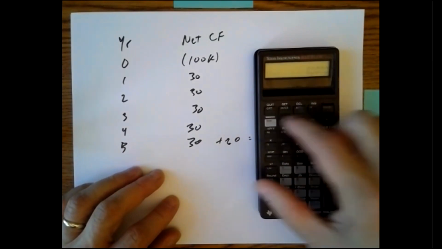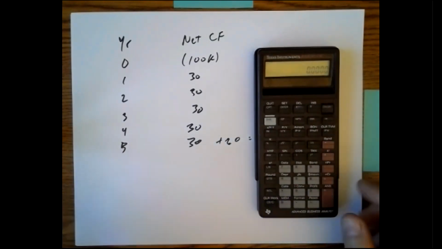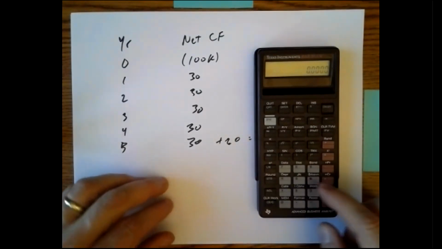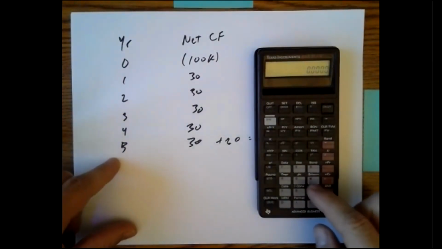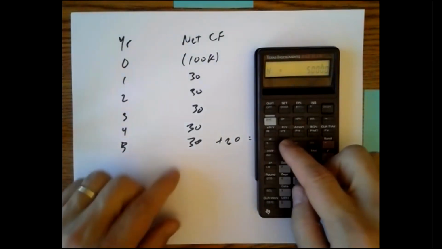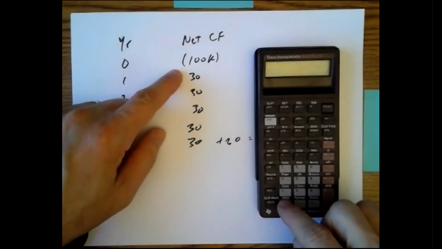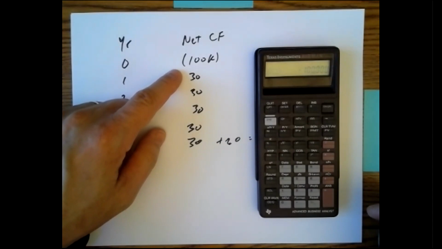Let's turn this on. I'm going to make sure we clear our TVM. So using the TVM, we have an N of 5. If we're going to do IRR, we have an unknown interest rate. The PV is 100,000. I'll go ahead and actually put in the thousands.